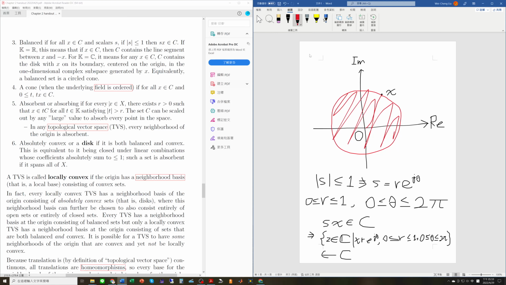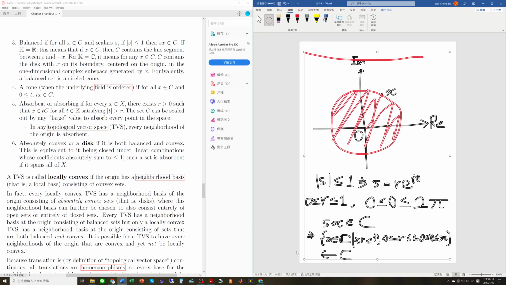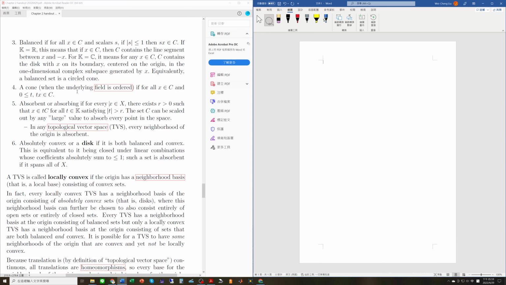Let me draw a graph for you again. For example, K is equal to R now, that is, K is the set that contains all real numbers.